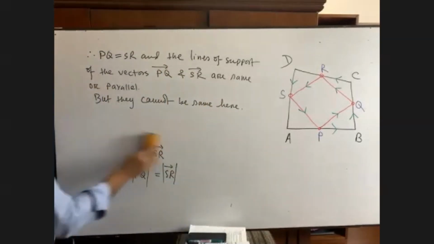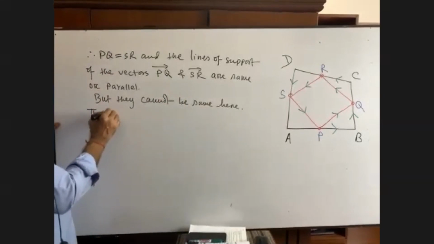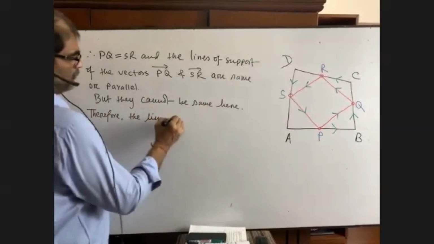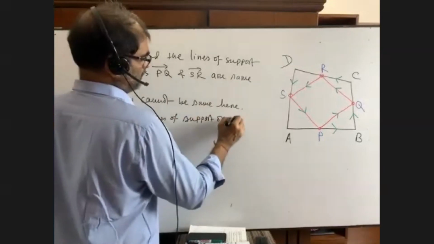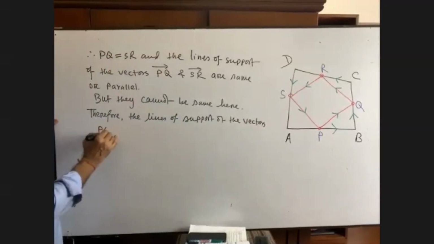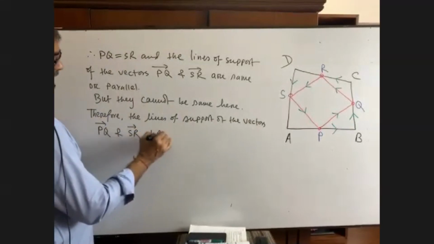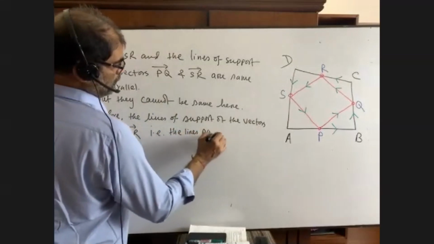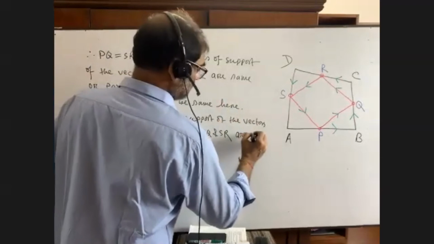Okay, that means we are getting here, therefore the lines of support of the vectors PQ and SR, that is the lines PQ and SR, are parallel.